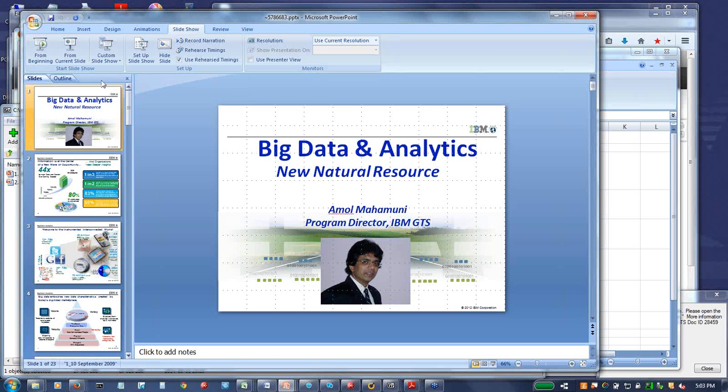Amol managed Software Group WebSphere brand application infrastructure portfolio, including Java Technology Center, mobile products, and WebSphere application server portfolio, which is key component for all of IBM SWG middleware.